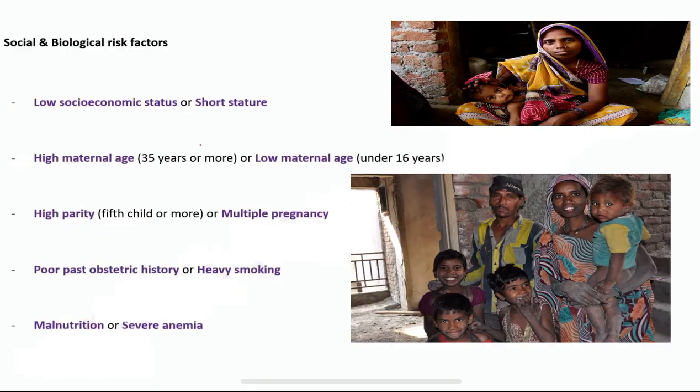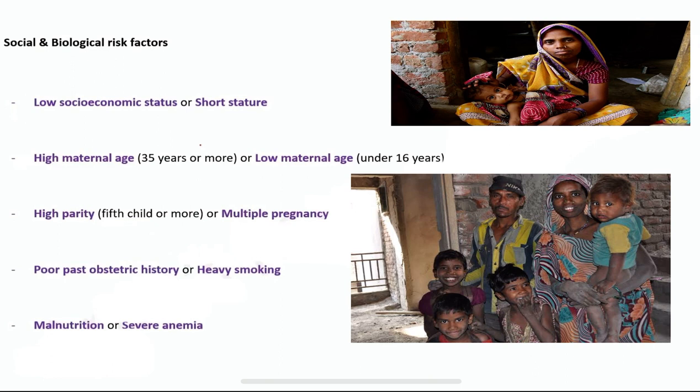Moving on to the social and biological variables. We know that a number of social as well as biological factors are associated with perinatal mortality. Even though their degree will vary in different countries, they are known to have an impact on perinatal mortality. These factors also endanger the life of the mother.